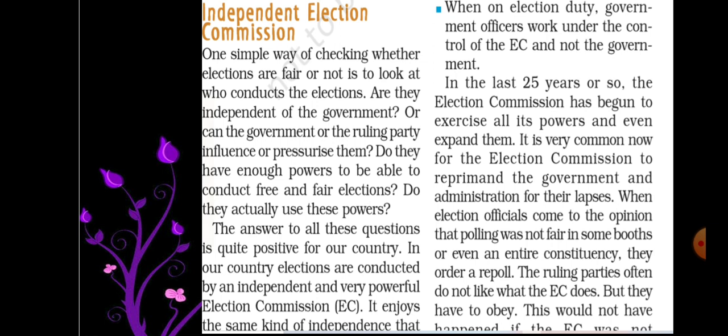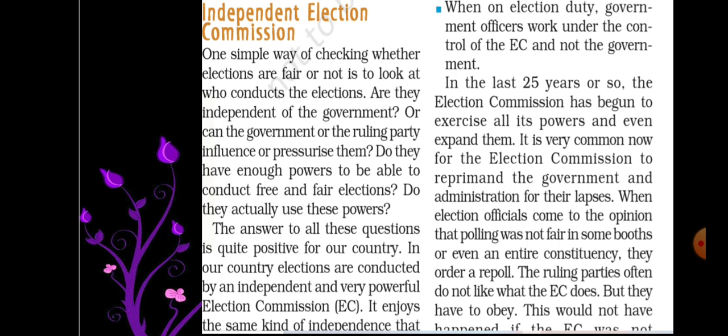In India, over the last 50 years, turnout has either remained stable or actually gone up.